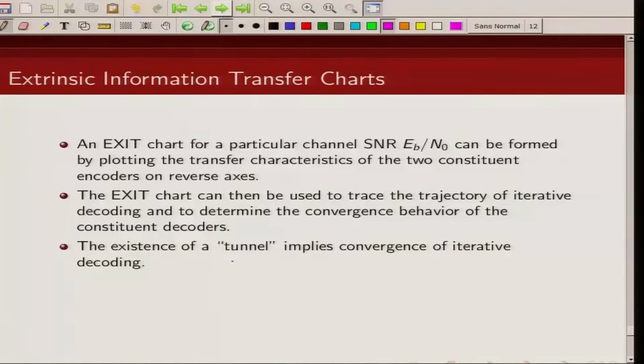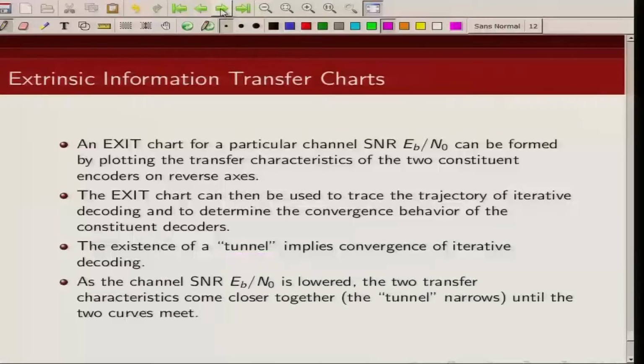So, as I said, whether the decoding algorithm will converge or not can be viewed by plotting these transfer characteristics on reverse axis and seeing whether a tunnel exists between them or not.